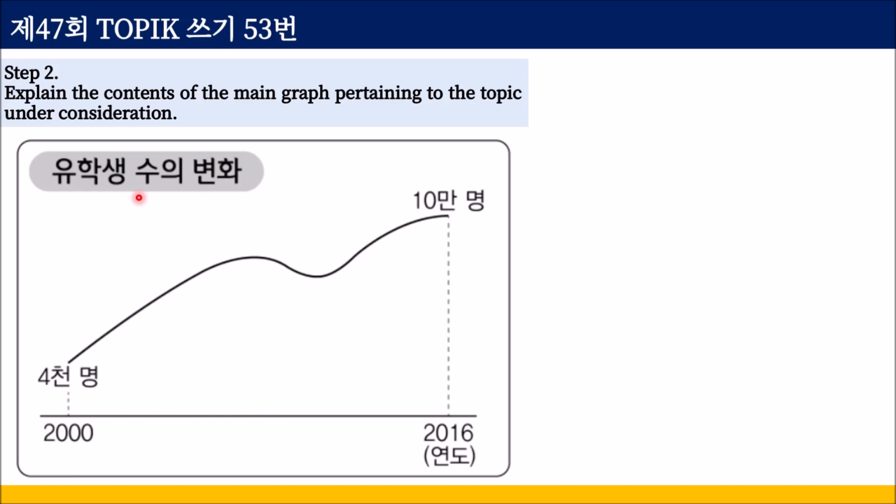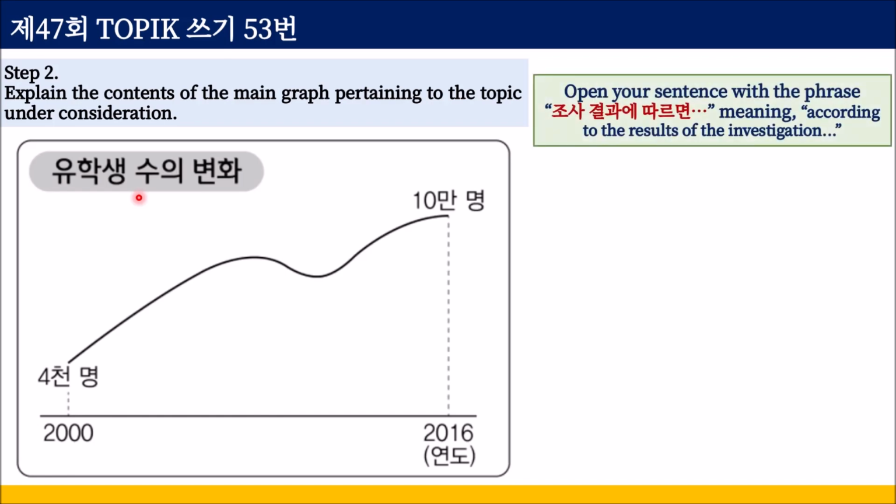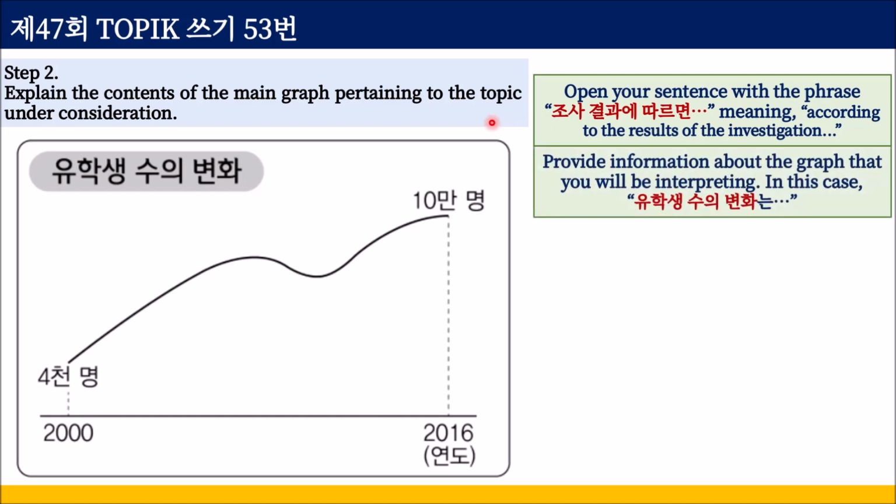So, we will be doing it like this. Open your sentence with the phrase, 조사 결과에 따르면, meaning, according to the results of the investigation. Provide information about the graph that you will be interpreting. In this case, it's this one. 유학생 수의 변화. So the phrase that you will be writing is 유학생 수의 변화는.